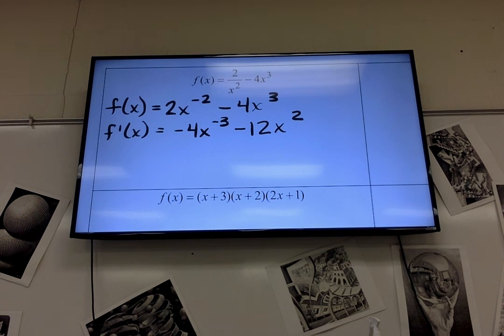Okay, my final answer cannot have negative exponents in it. Oh, so now it's 4 over x to the third. You fixed it.